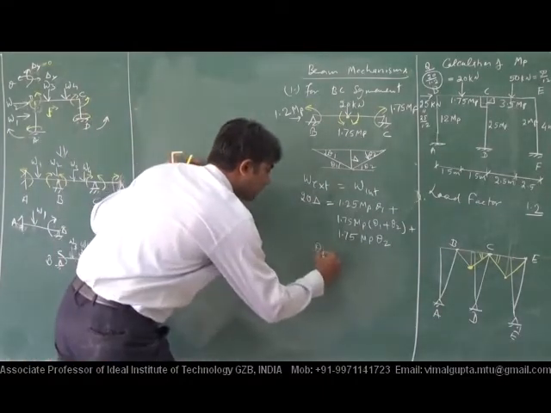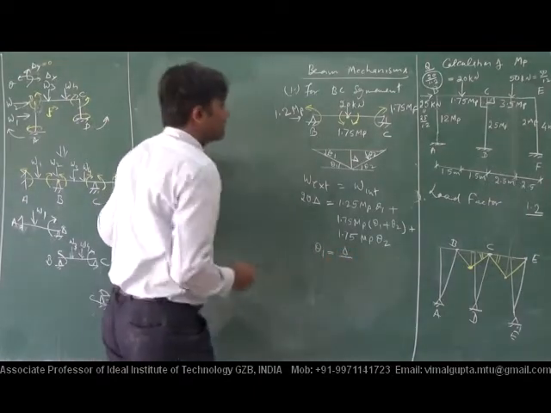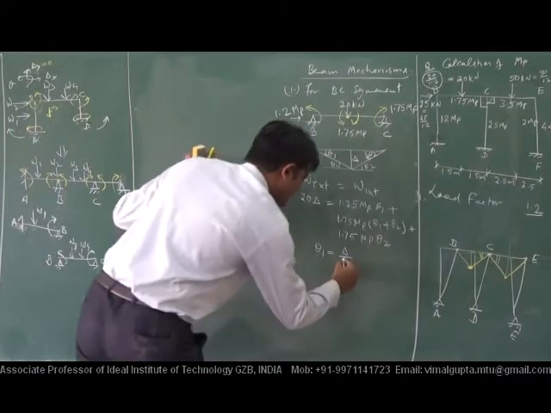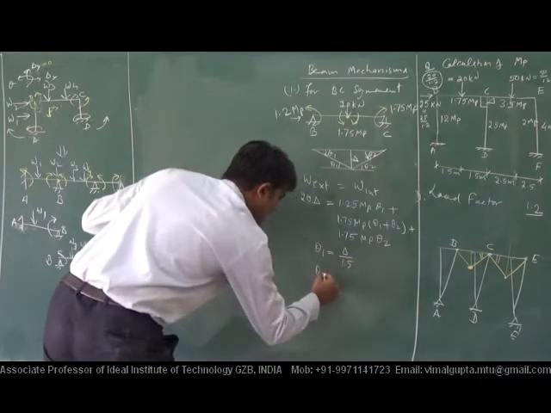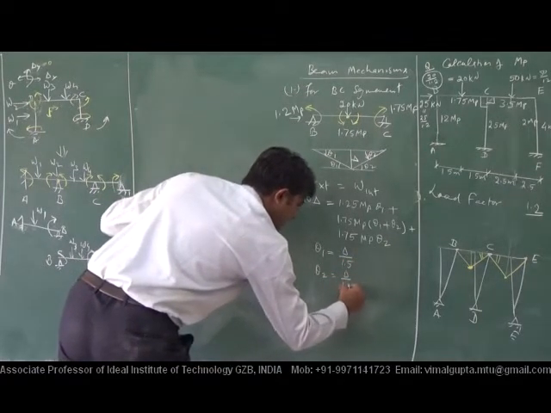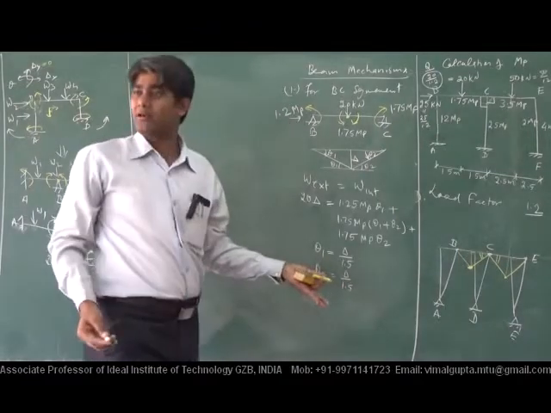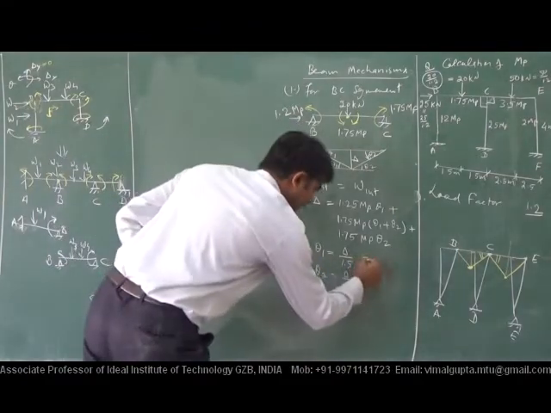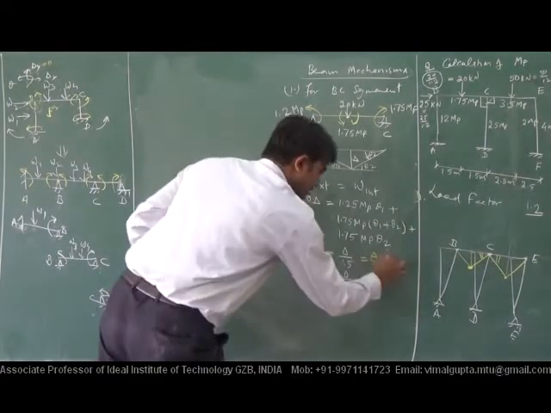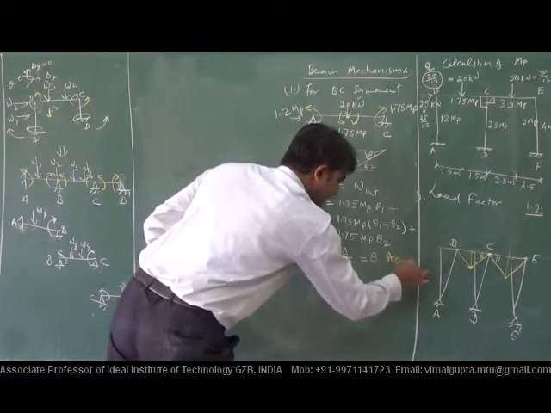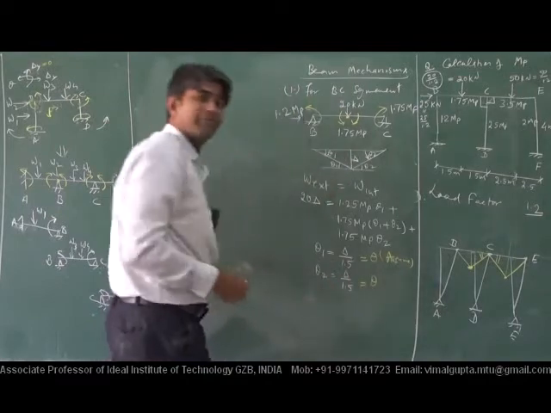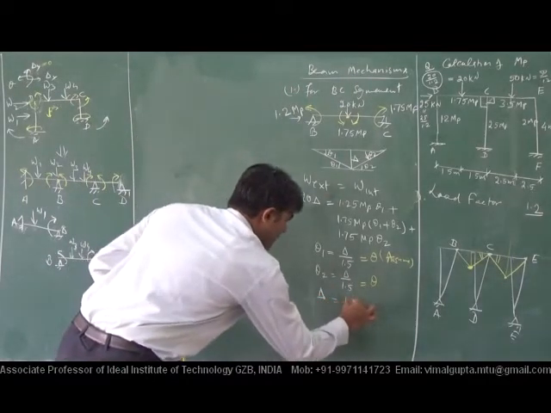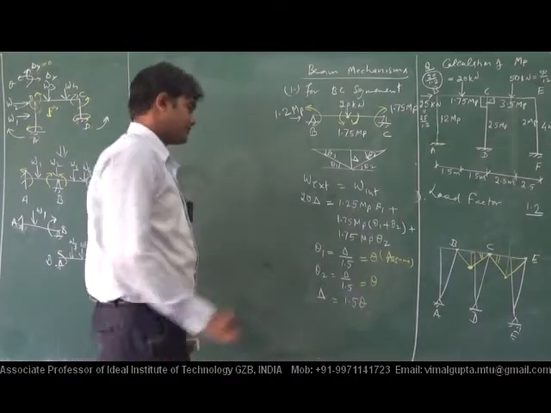So the value of theta 1 equals delta by 1.5. And the value of theta 2 is also delta by 1.5. So both will be equal, both will have the same value. So assume it is theta, and the value of delta will be 1.5 into theta.